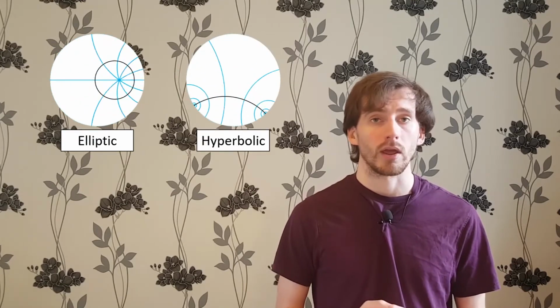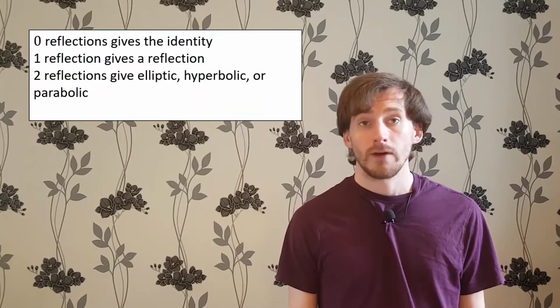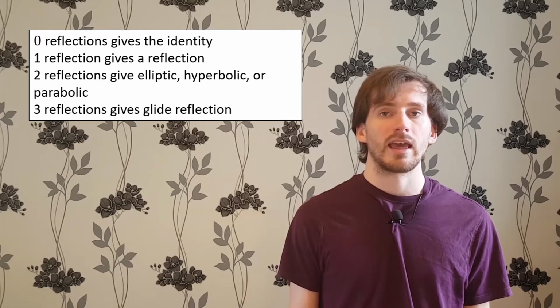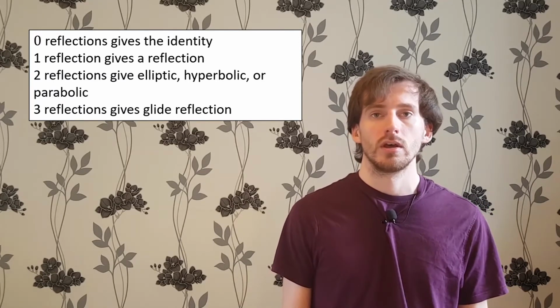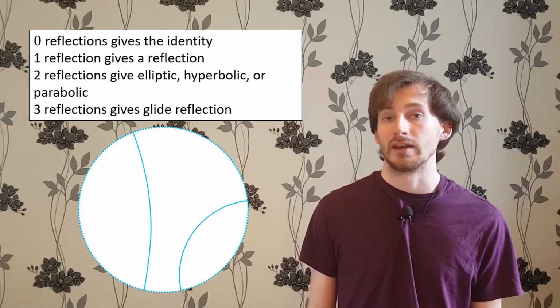To differentiate these three different isometries, the first one is called elliptic, the second one hyperbolic, and the third one parabolic. The final possibility is that you have three reflections, and in this case what you get is the hyperbolic version of a glide reflection, a combination of a hyperbolic isometry and a reflection in this line.